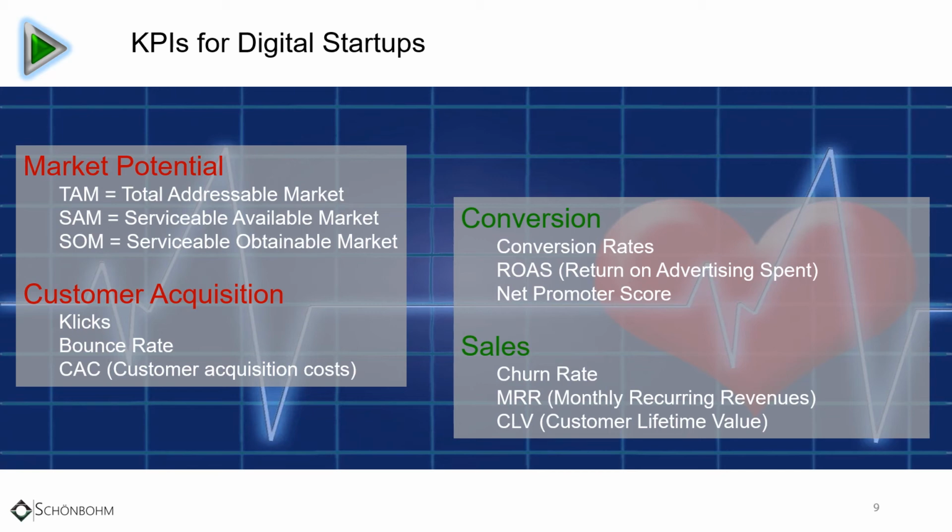Maybe this is what we can realistically address over the next period of time, and can be maybe just a regional market, or a market that is limited to specific customers. So market potential is very important because it shows us the growth potential of a particular investment into such a startup.